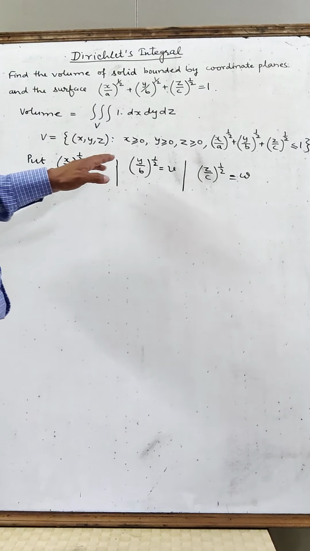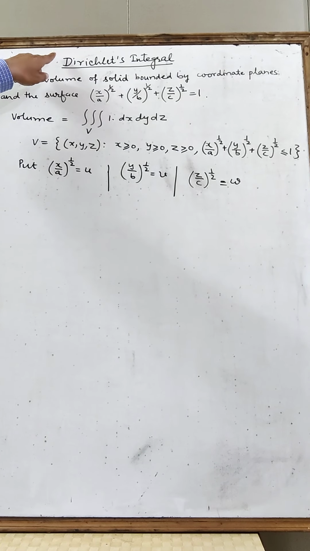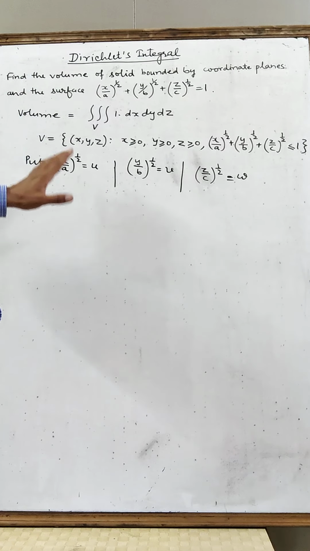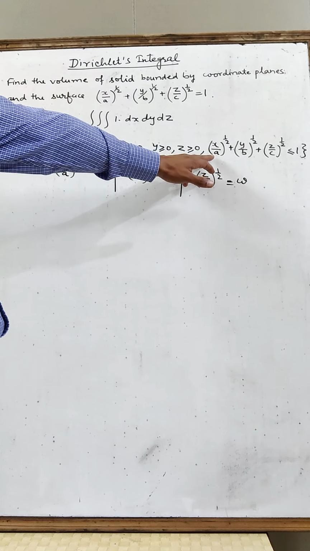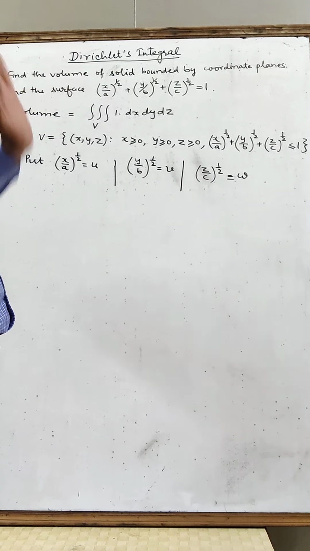Students, again look, we have to convert this volume into the standard form of the Dirichlet integral. So you have to take your substitution by converting it into the standard form.